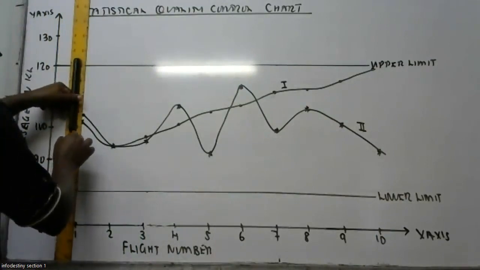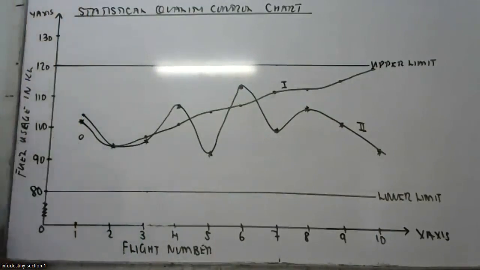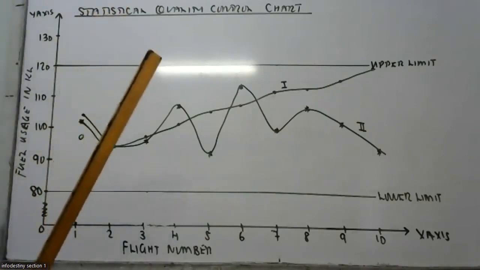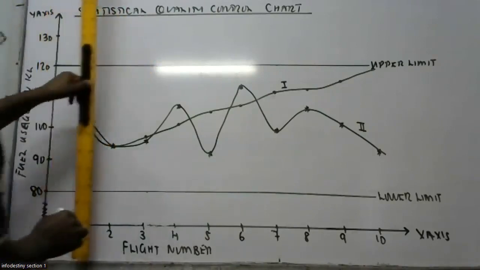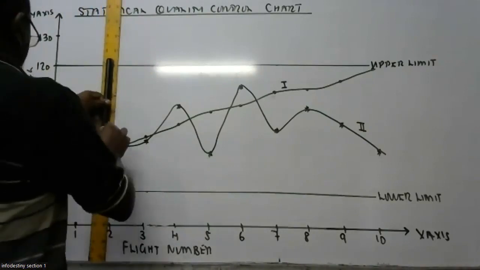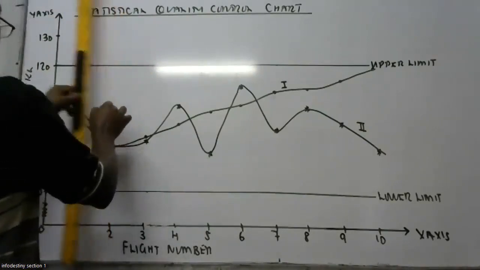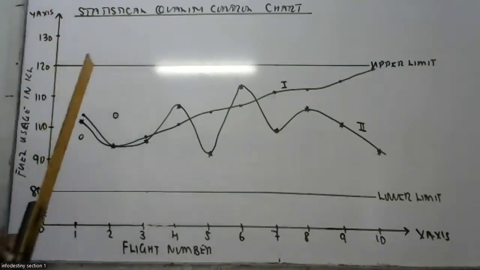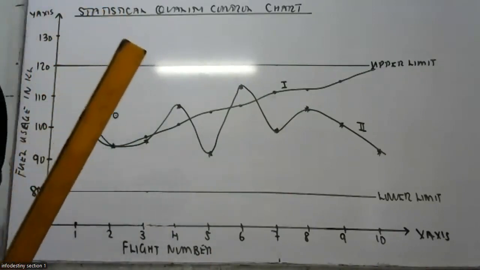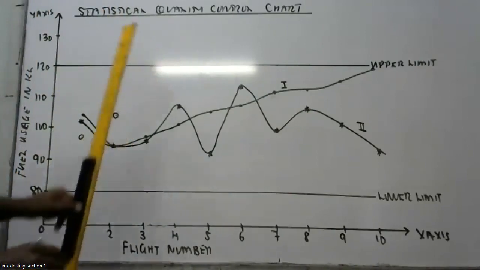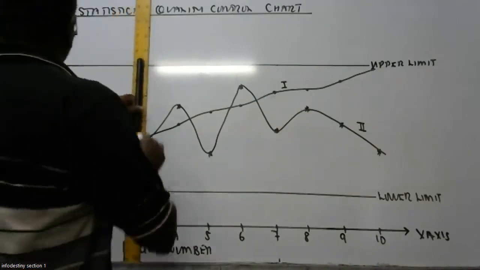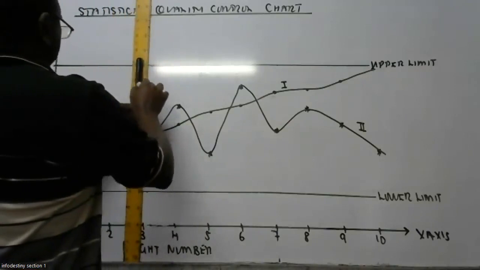We go to the next, 97. So 97 is here. I put a dot there. The next is 104. 100 is here, so 1, 2, 3, 4. The next is 111. 110, so 111 is here.